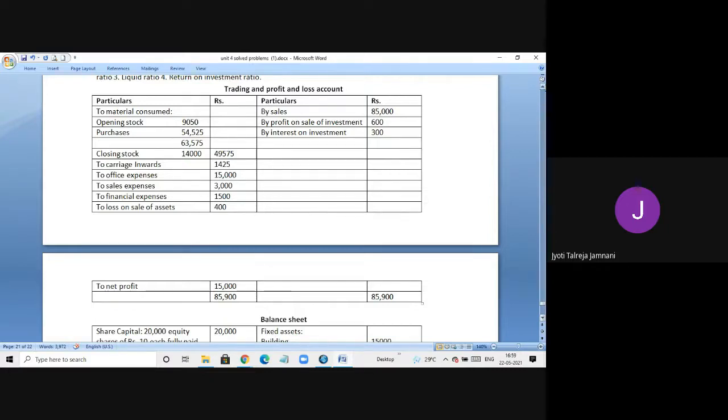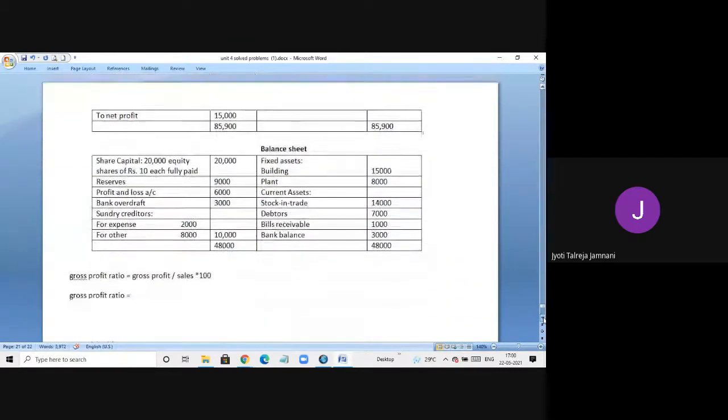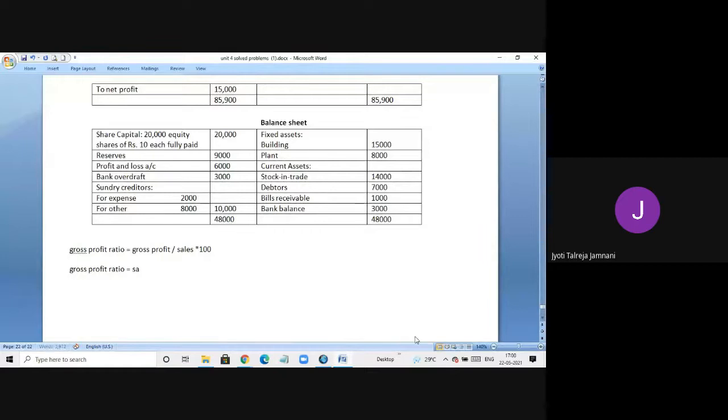Let's see how to find the gross profit. You can write here, gross profit is equal to sales minus, you can take it two ways, sales minus cost of goods sold. What is cost of goods sold?